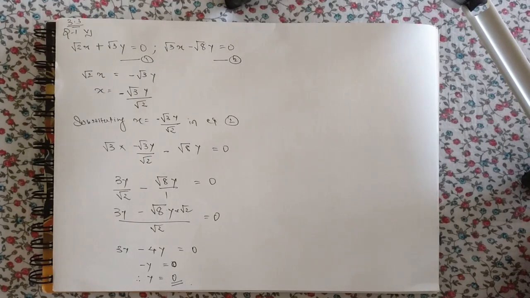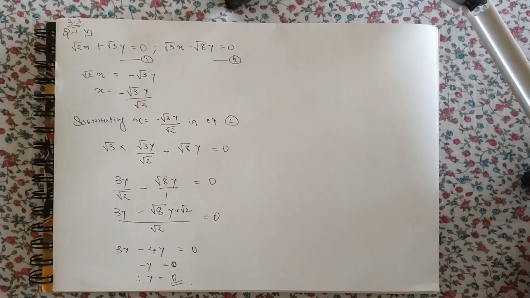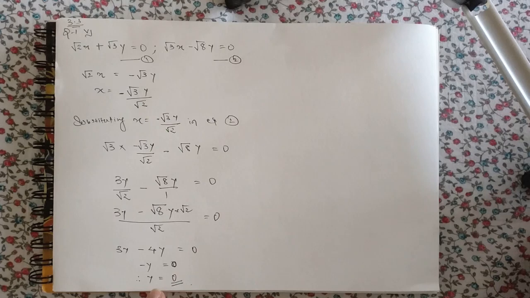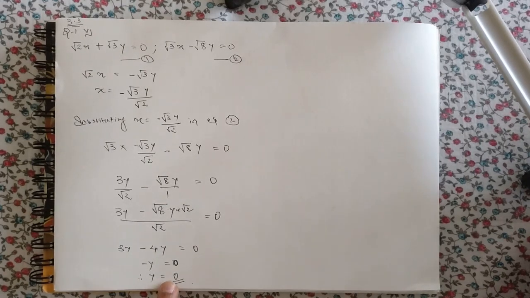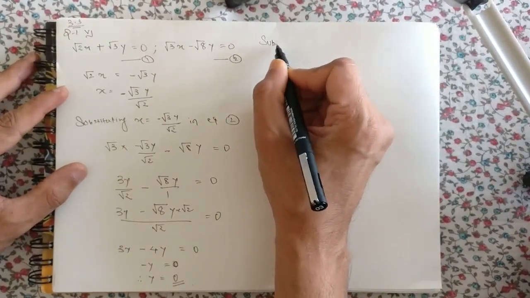Now let's substitute this value of y in the first equation, because we substituted the value of x in the second equation. Whatever value of y we have got from substituting the value of x in the second equation, we will substitute that in the first equation. Okay, so I will write here, statements are very important.